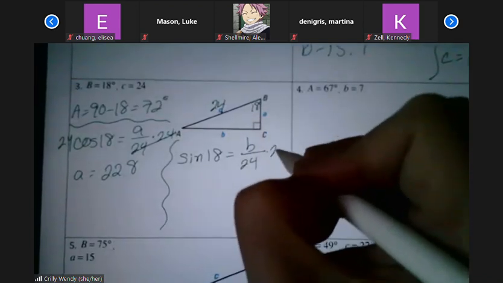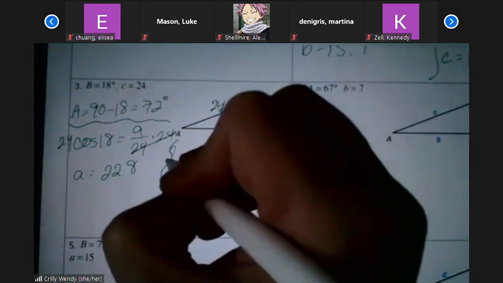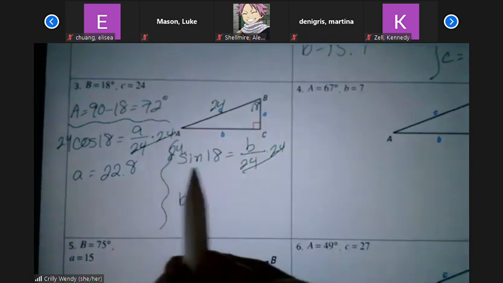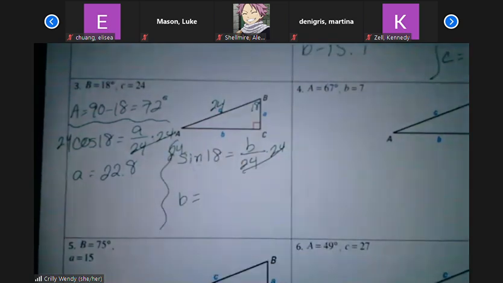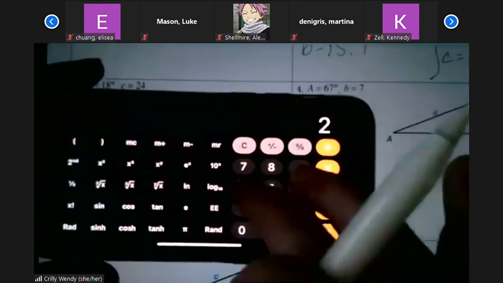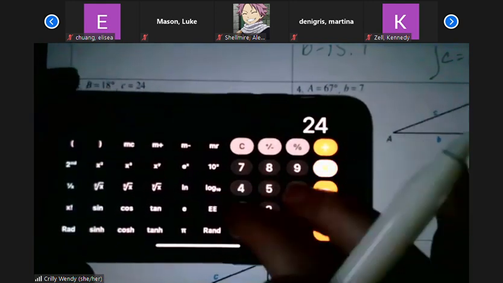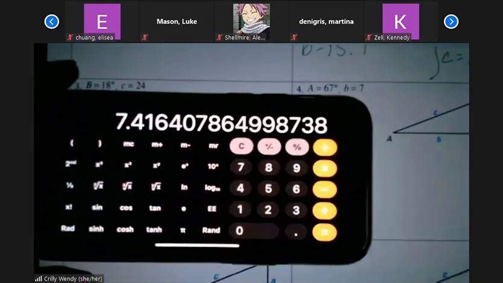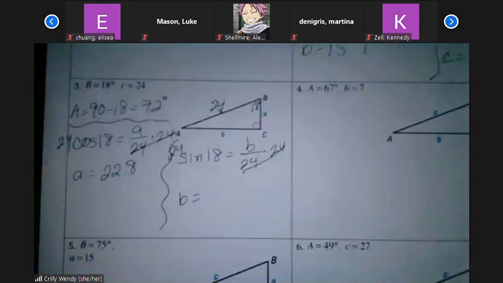So if I multiply both sides by 24, so now in my calculator, I need to do 24 times the sine of 18. So 24 times 18 sine equals 7.4.